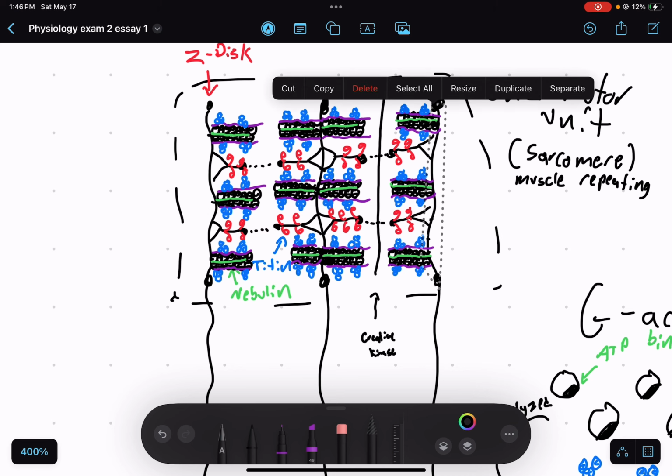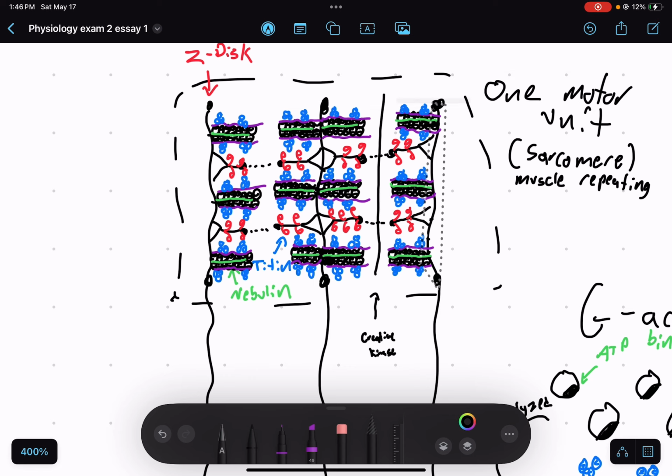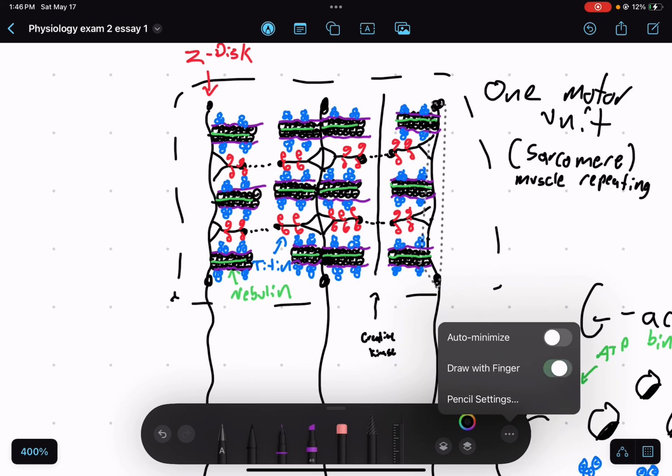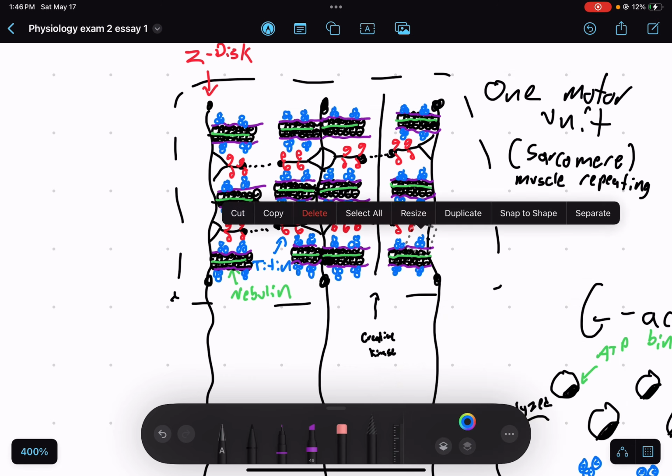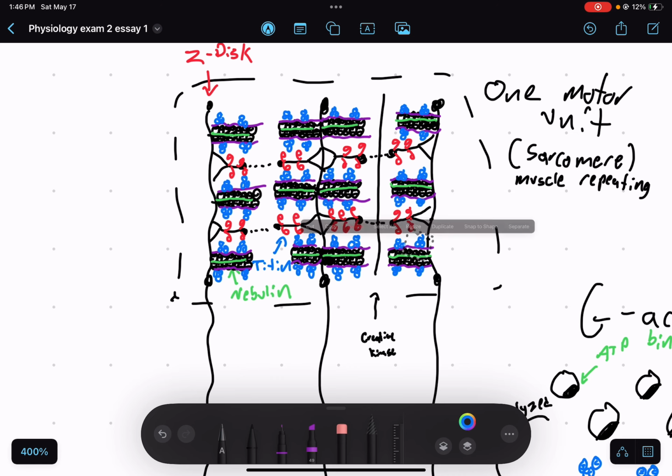It's all these circles. My pen just keeps dying over and over again, so we're going to use a finger. So just these little circles down here, not the blue ones, but the black ones. That's your G-actin. Those have little sites that allow you to bind to the myosin.